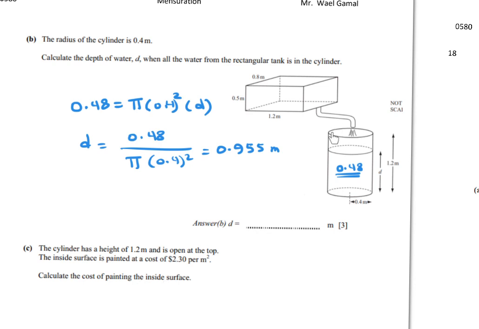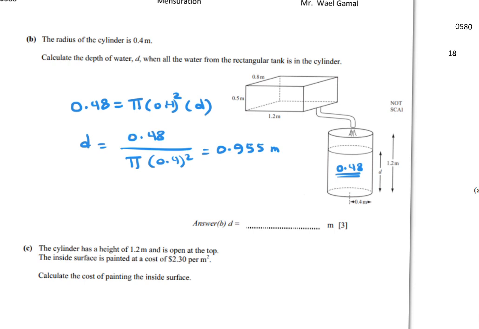Because it's open at the top, we need to find the area of the base, which is the area of this circle, plus the lateral area, or the curved area. For the cylinder, the curved area is 2πrh. This is the curved surface area, or the lateral area for the cylinder, 2πrh.